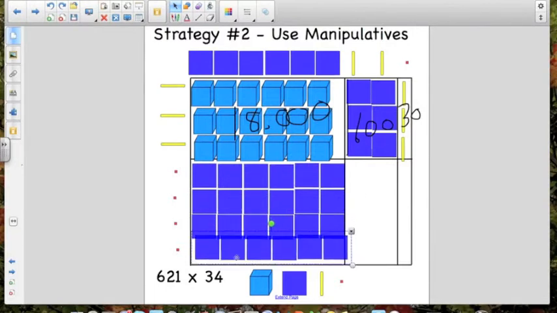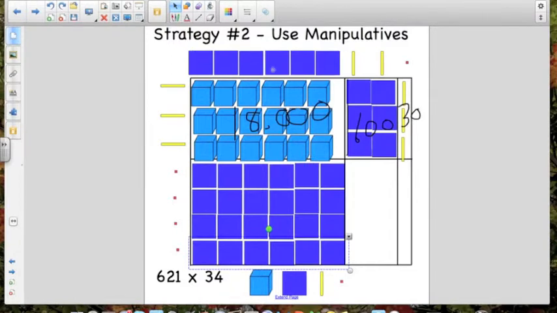So the partial product in this box, which is the result of 600 times 4, we've got 3, 6, 9, 12, 15, 18, 21, 24 hundreds, which is the same thing as 2,400.